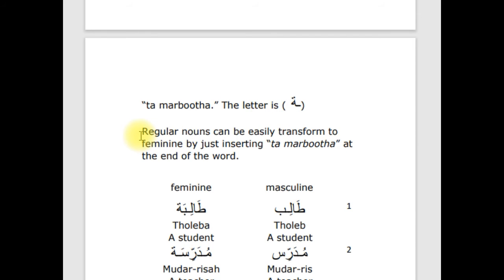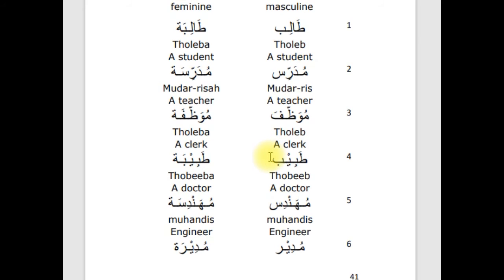Regular nouns can be easily transformed to feminine by just inserting ta marbuta at the end of the word. Let's look at column 1, masculine gender form, and column 2, feminine gender form. You will notice that the masculine has no ta marbuta, but the feminine form has ta marbuta at the end of the noun.